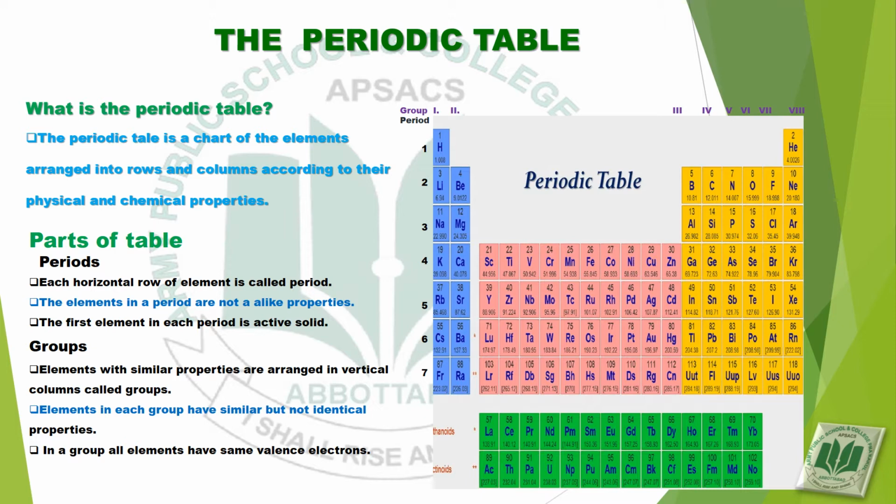Similarly, there are 8 groups in the periodic table. The first group starts with hydrogen also, and the second group starts with beryllium. So in this way, there are 8 total groups arranged in this periodic table.